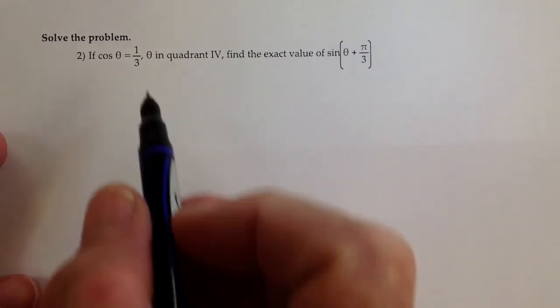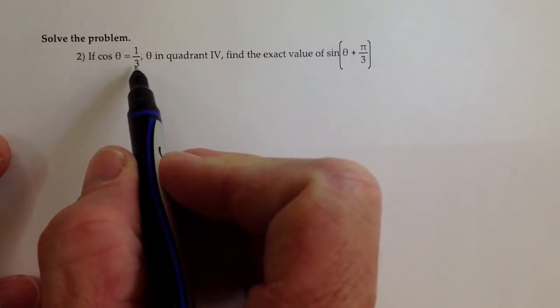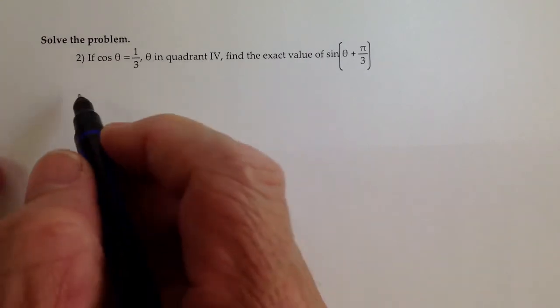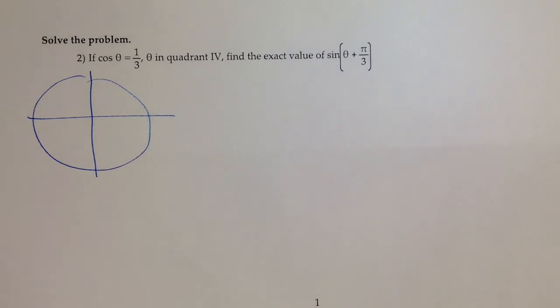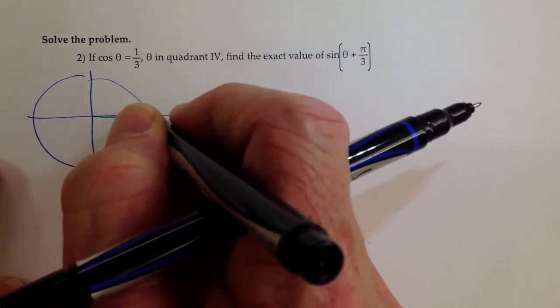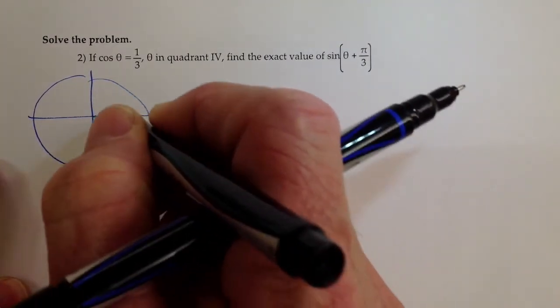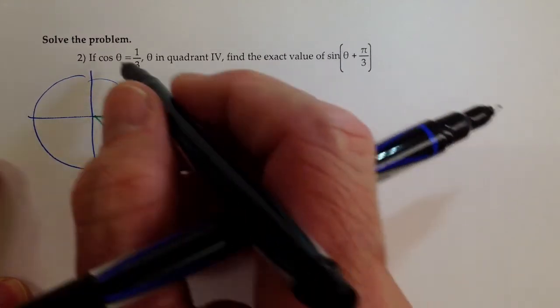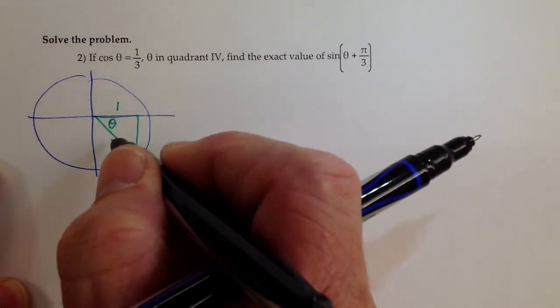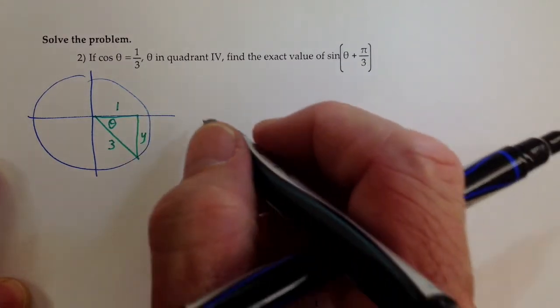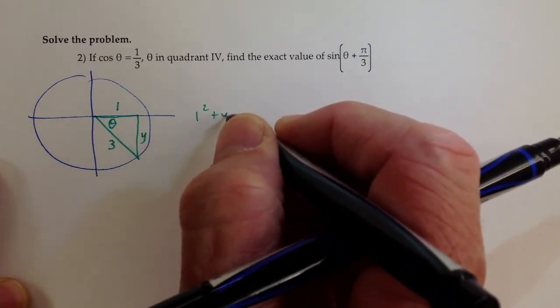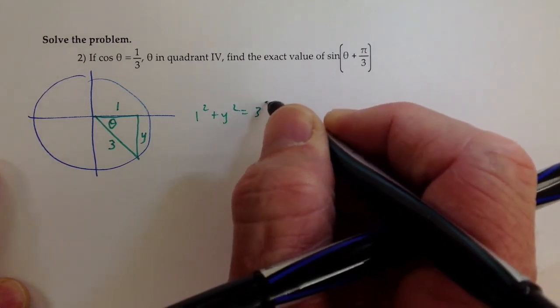So we have the cosine of theta is equal to 1/3. Theta is in quadrant 4, so automatically when we see problems like this, we're going to go ahead and build our triangle in the given quadrant. Cosine is the adjacent leg divided by the hypotenuse, and therefore we need to figure out what y is. So 1 squared plus y squared is equal to 3 squared.